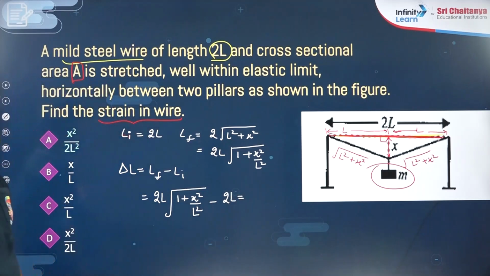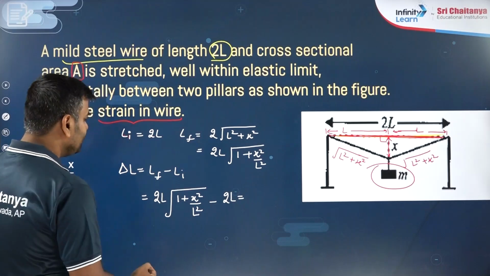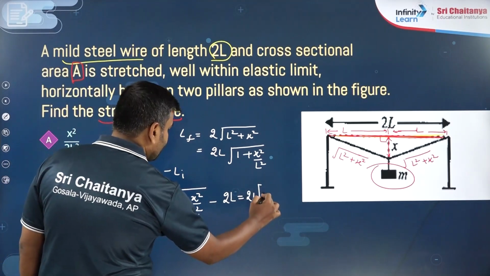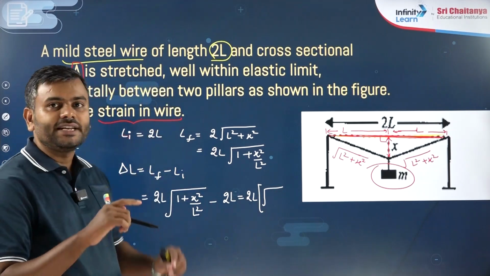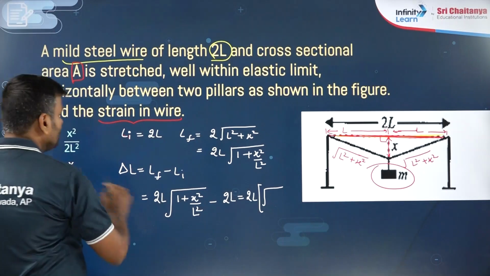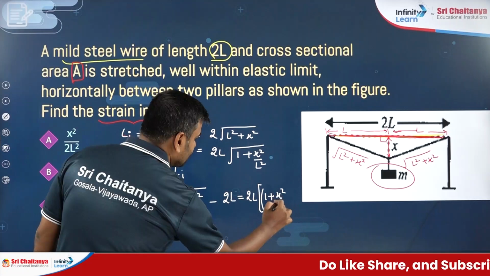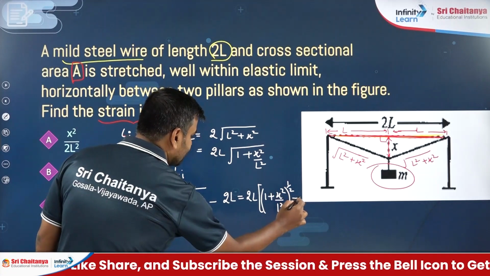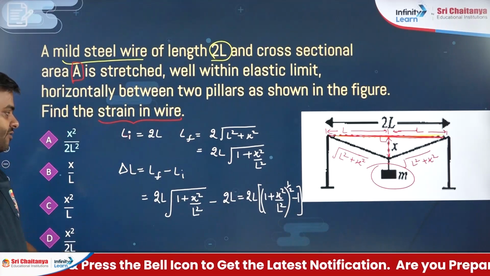Now we take the 2L value common. The under root can be written with power 1 by 2. So let's write it this way: 1 plus X square by L square, power 1 by 2, minus 1.